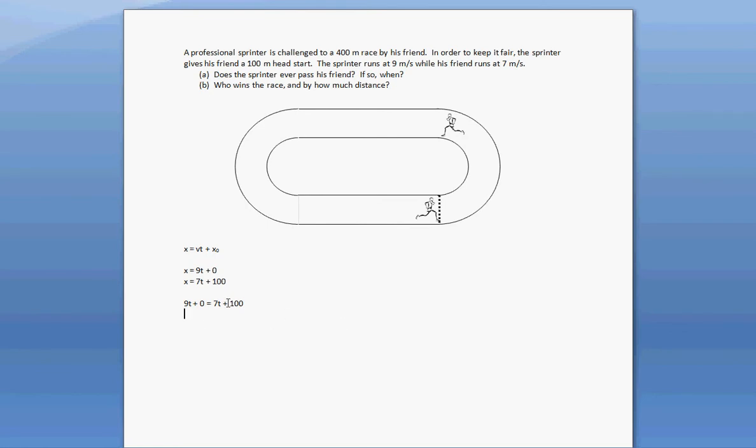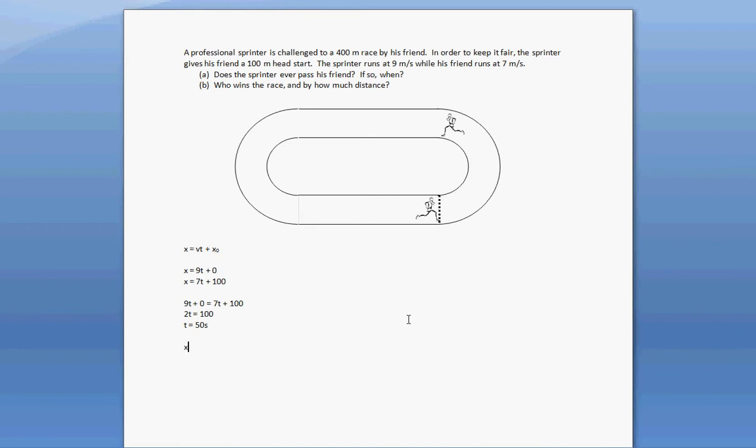So subtract 7t from both sides, you get 2t equals 100. Which means that when time is equal to 50 seconds, they will have met each other. So let's figure out how far the sprinter is when time equals 50 seconds.